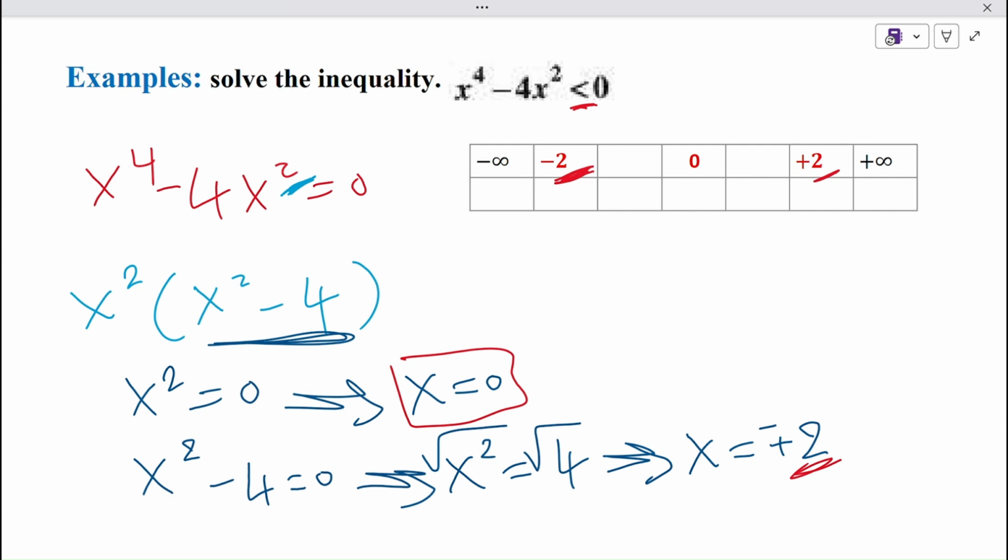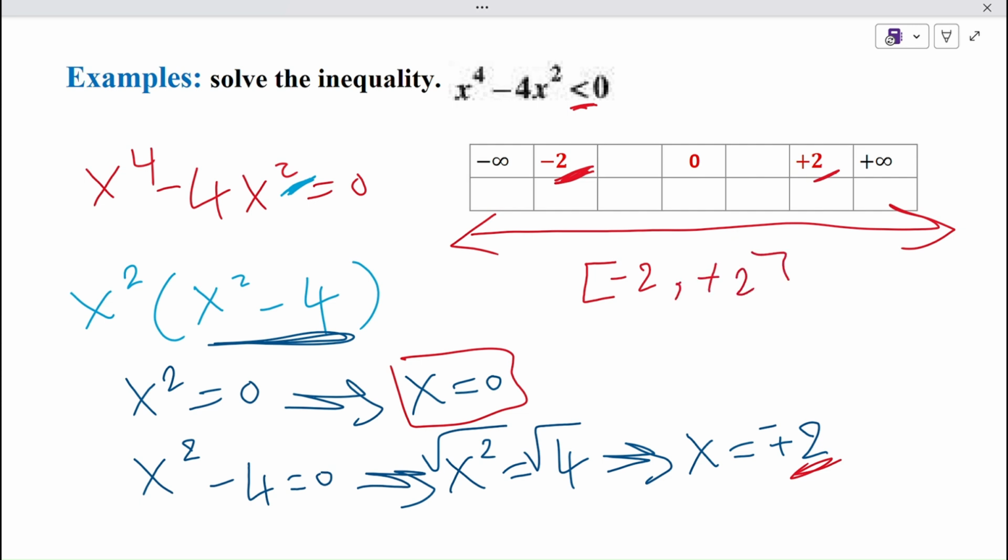just pretend that this is a number line. This is a number line. So where is our solution? Our solution is between minus 2 and plus 2. By taking any value between minus 2, from here till plus 2, it means negative 2 till positive 2, all these values become positive.